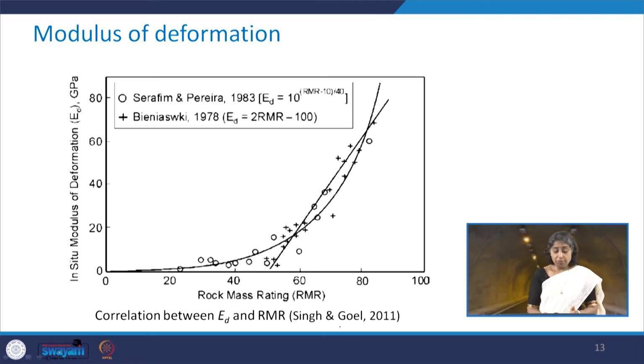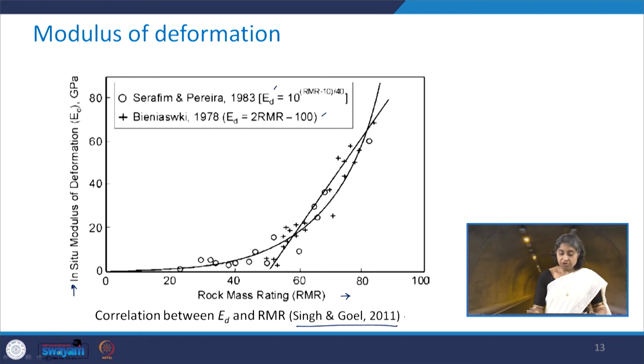Now if you plot all the data points derived from these two empirical correlations, this is what the curve looks like in the space of in situ modulus of deformation versus RMR. This has been adopted from the reference which I gave you in the first class.